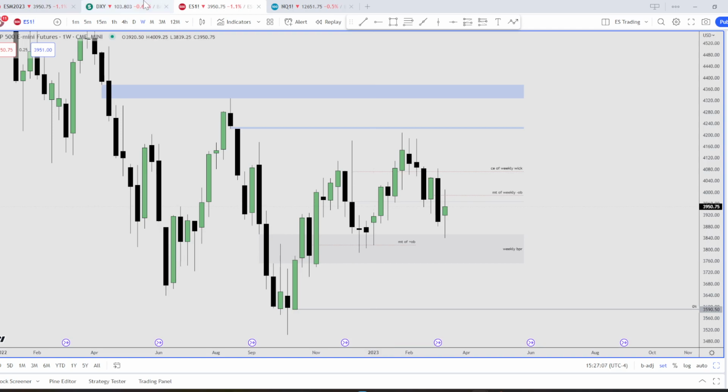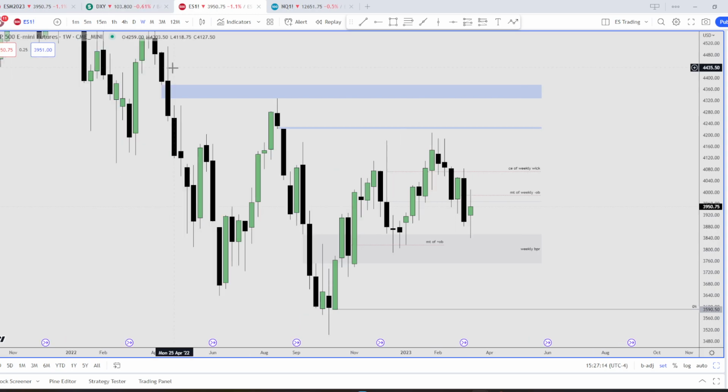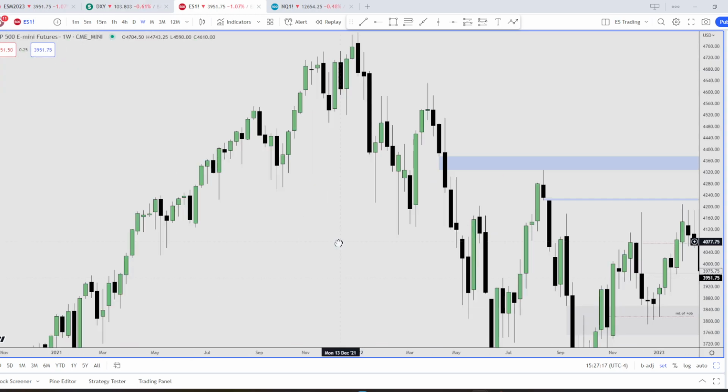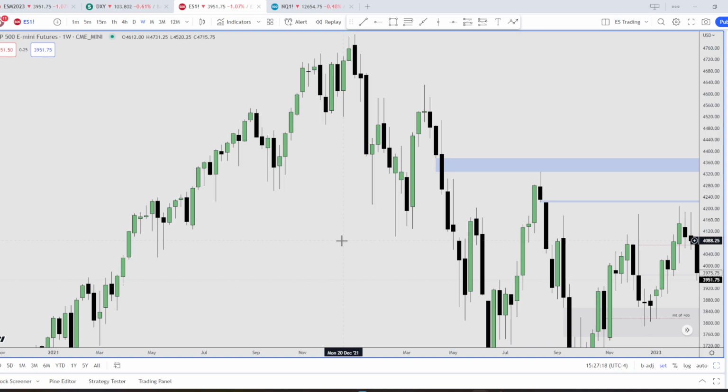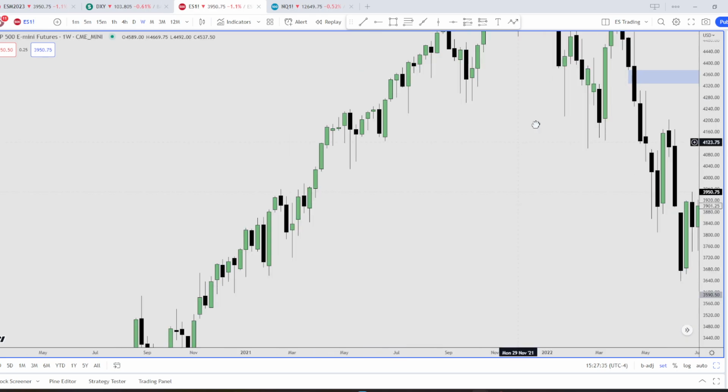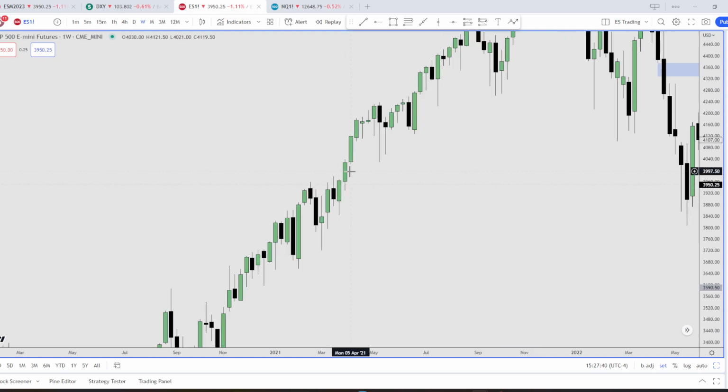And lastly, seasonal tendencies as well. The month of April tends to be bullish, right? If you look back into 2022, heading into April, we have this huge Judas swing, right? Taking out this liquidity right here. Further back testing, this is March, heading into April.